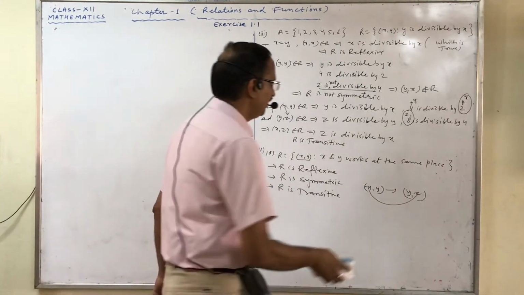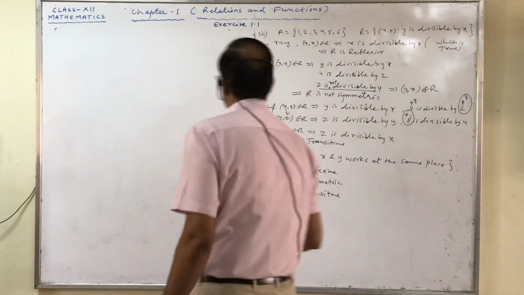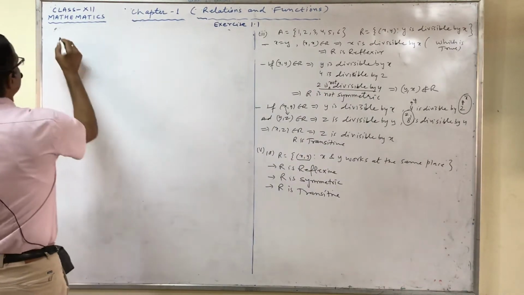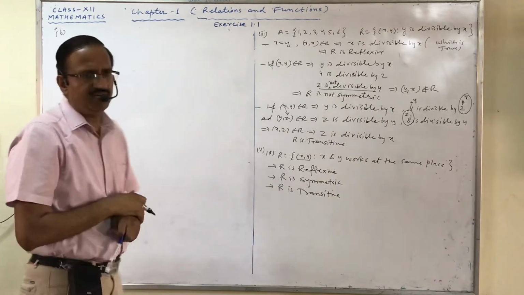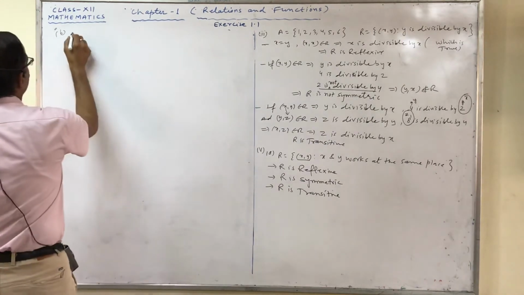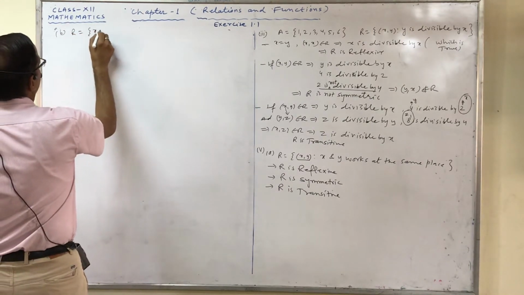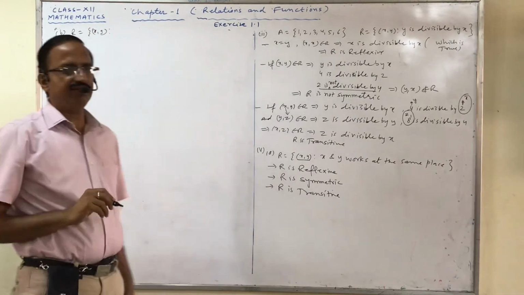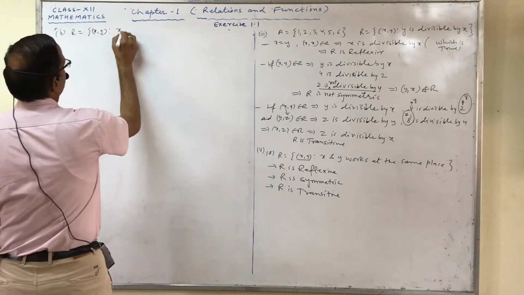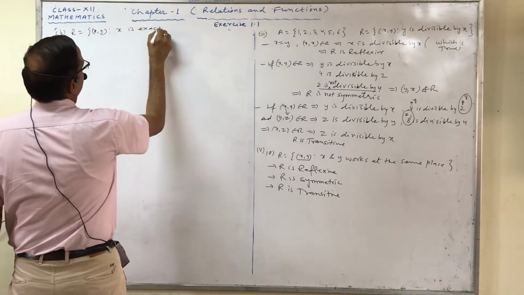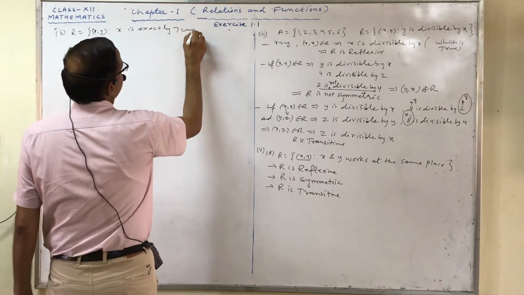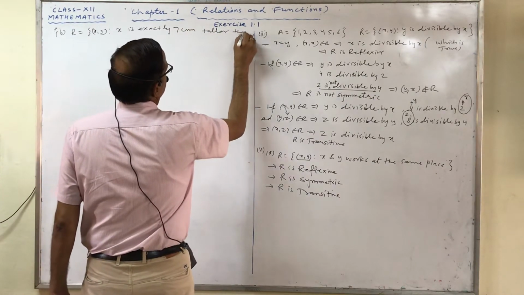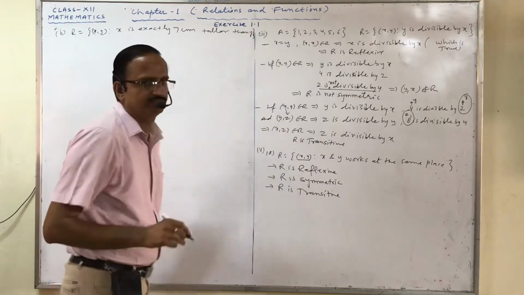Now come to the second part, that is B part. In B part we have relation R, the relation between x and y, that x is exactly 7 cm taller than y.